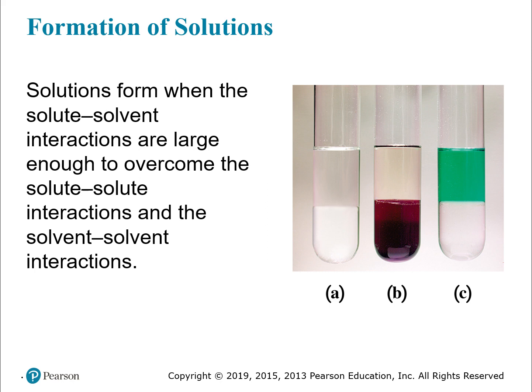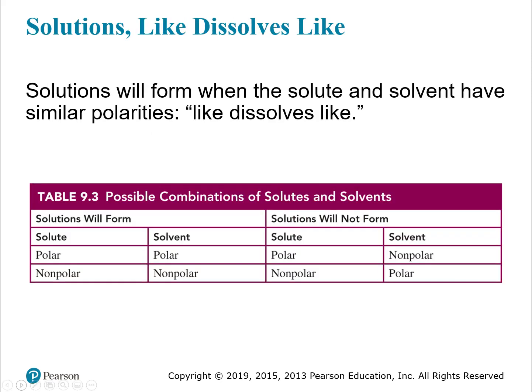Like I said at the beginning, solutions form when the solute and the solvent have interactions. Those interactions have to be big enough to overcome the interactions that the solute has with itself and the solvent has with itself. There's a saying that you may have heard in high school chemistry: like dissolves like.